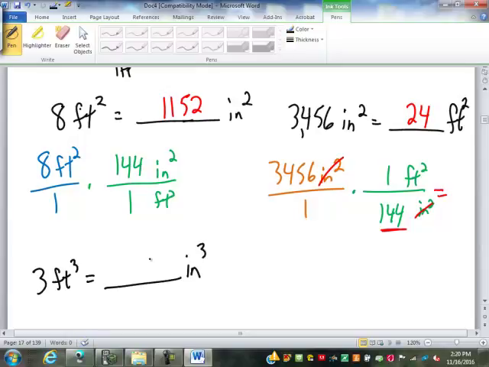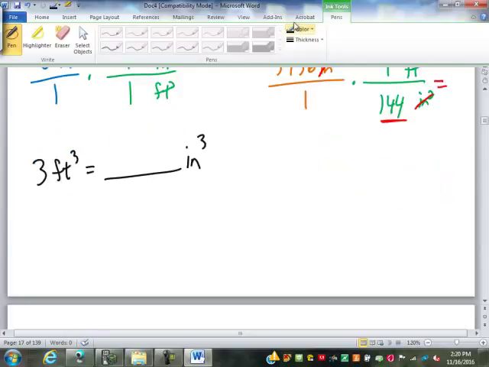If I have 3 cubic feet going into cubic inches, three cubic feet over 1. Cubic feet on bottom, cubic inches on top. 1 cubic foot is 1,728 cubic inches.